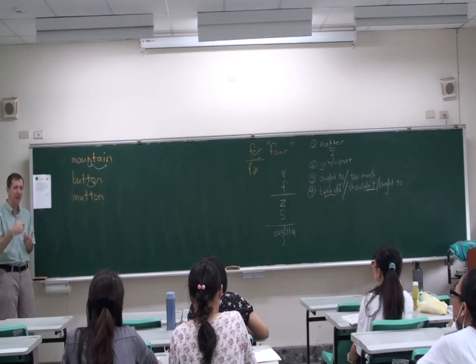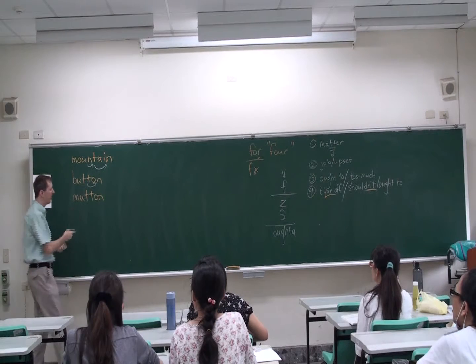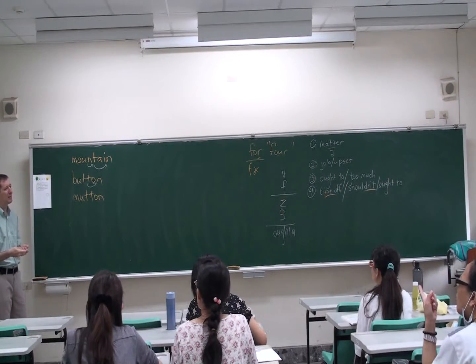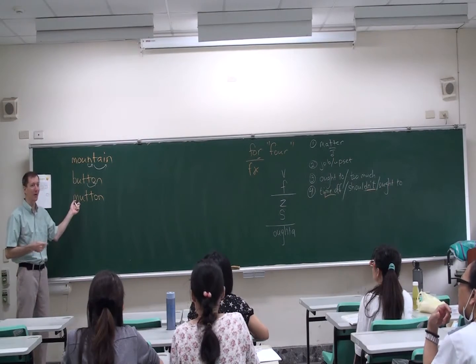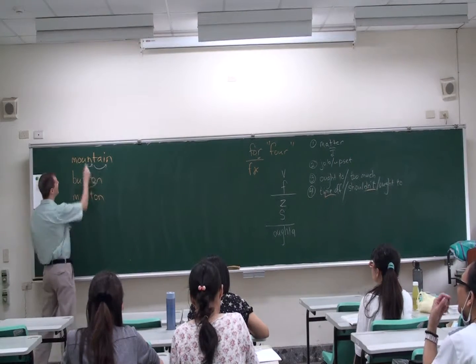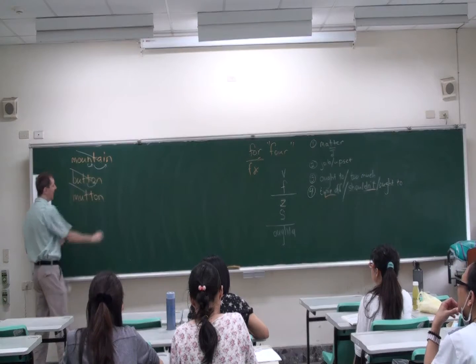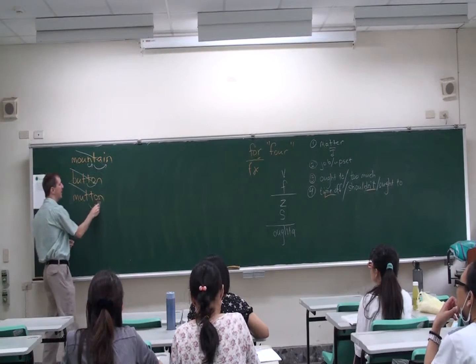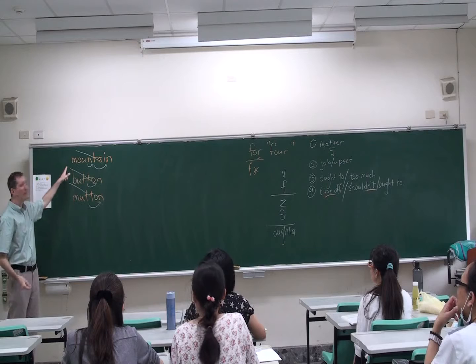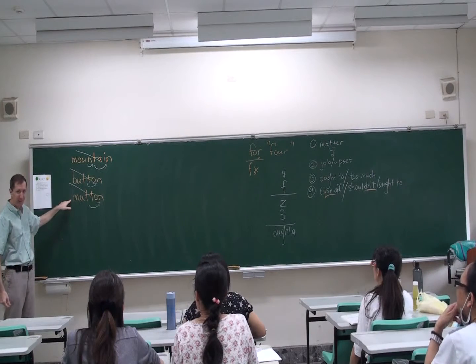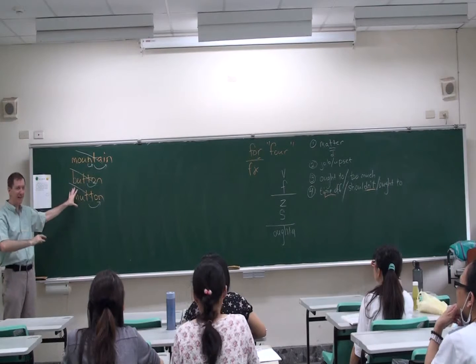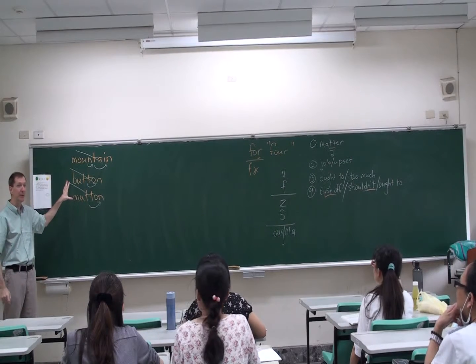When you eat a goat, it's called mutton. Mutton is 羊肉. Because here we have the T at the end of the sound plus an N at the end. So we're not ready. Mountain. Button. Mutton. If you try to speak like this, you're always going to sound really weird.